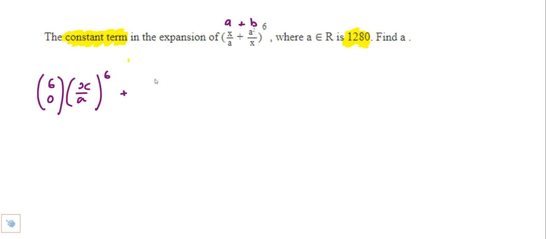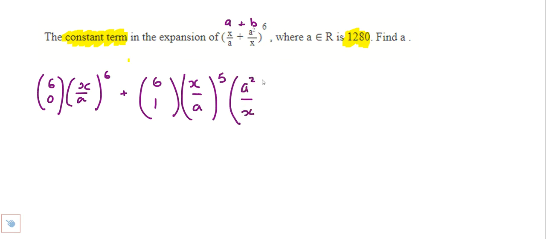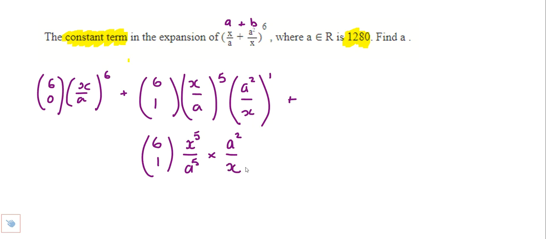So the next term would be 6, 1, and it would be x over a to the power of 5 times a squared over x to the power of 1, because the two numbers have to add up. Now if I think about that, this would expand to x to the power of 5 over a to the power of 5 times a squared over x. Alright, because the 1 applies to both, the 5 applies to both.